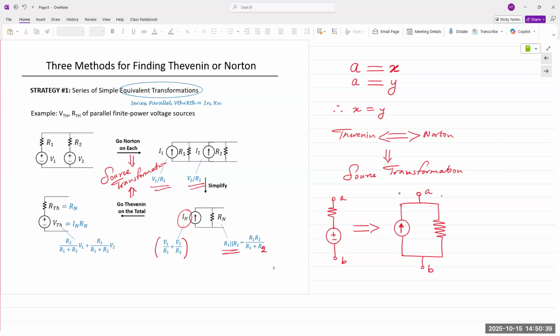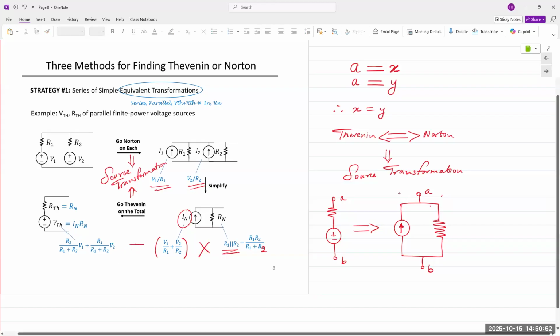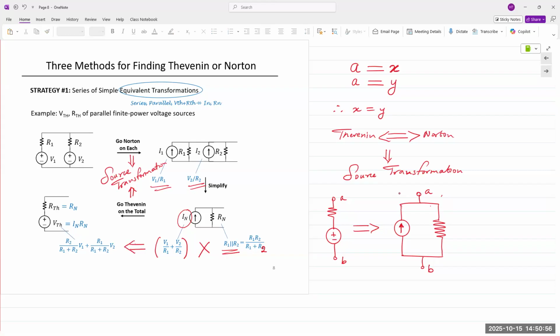Lastly, we perform a source transformation again to get the Thevenin equivalent. And to get the Thevenin equivalent, multiply these two, and you obtain this equation. And that kind of is the derivation for where that equation comes from. Okay.